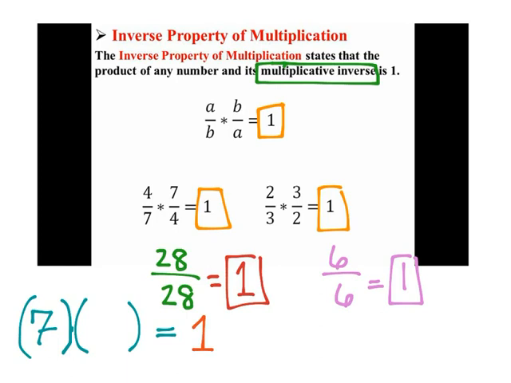So, in order to figure this out, I want to turn 7 into a fraction. So if I want to take 7 and make it a fraction without changing the result of 7, all I have to do is put that number over 1.